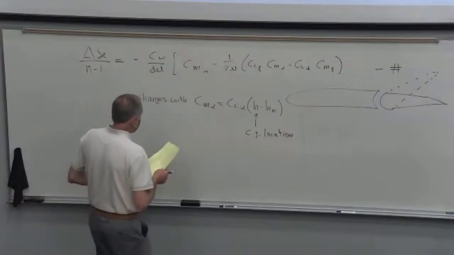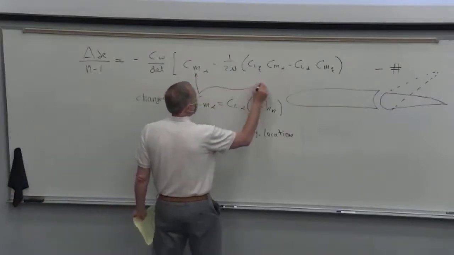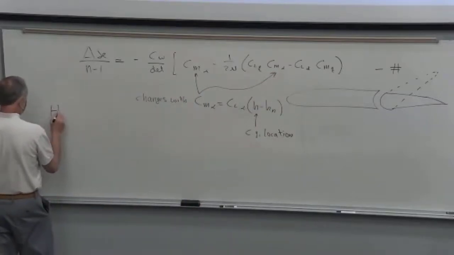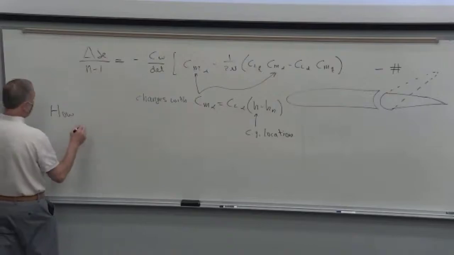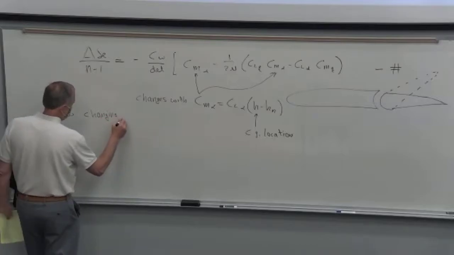So if we want to look at how changing CG affects this feedback, we're going to plug in for CM alpha and then look at the change.